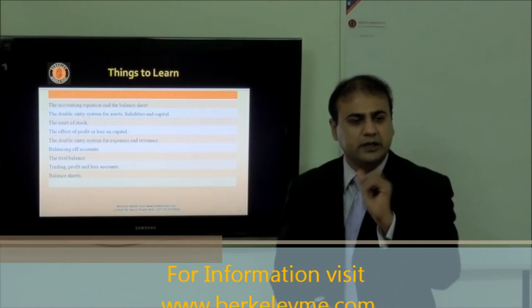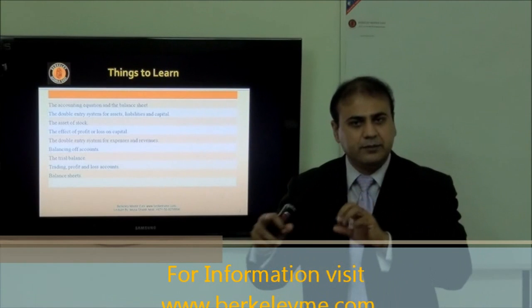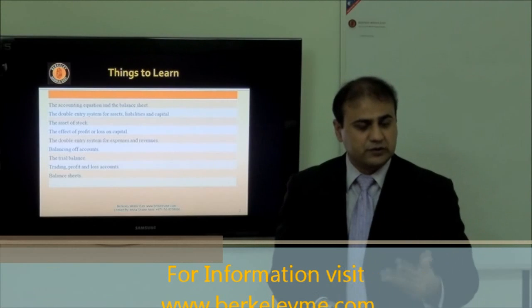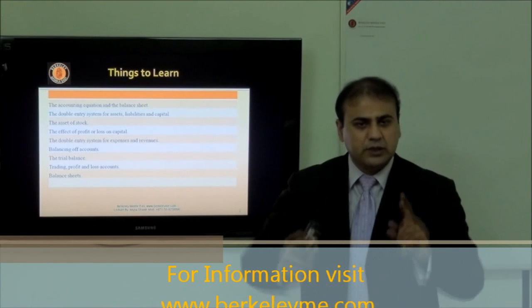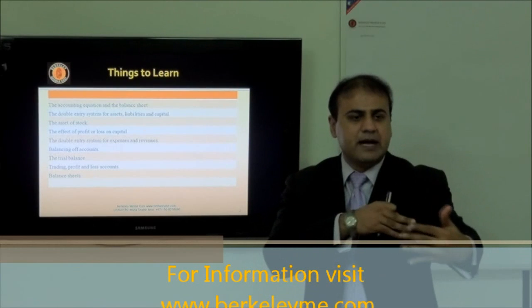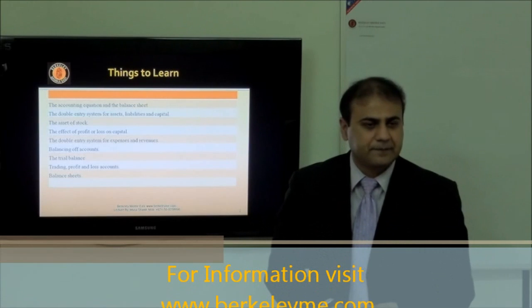First, we will record in a window called journal, which is showing you a debit or credit. In certain circumstances, for user-friendly software, when there is no debit credit concept, you will get a form in front of you. You have to fill in the information. On the back end, the system itself manages its debit and credit.